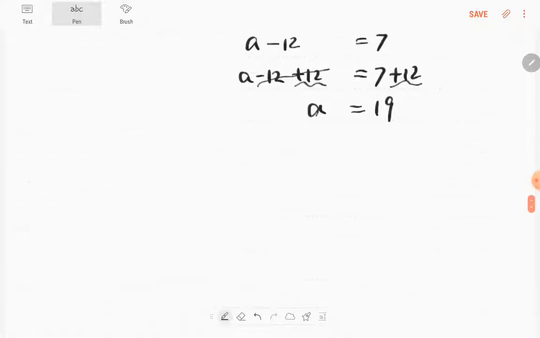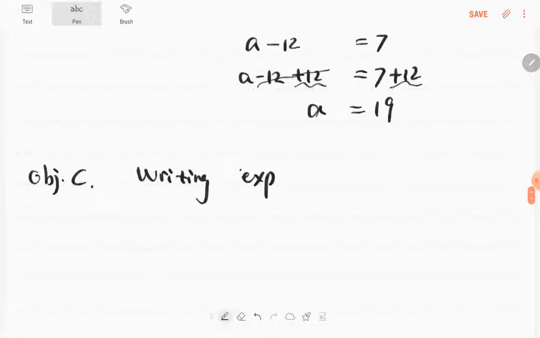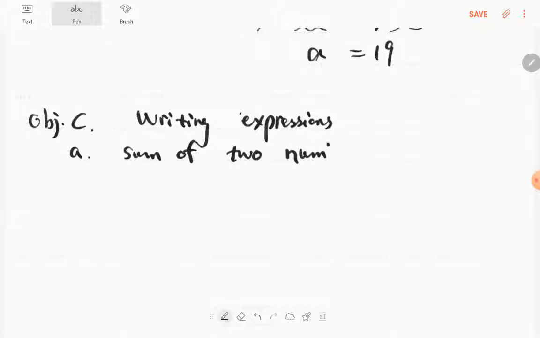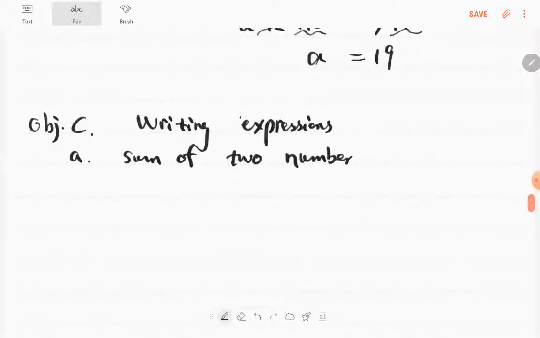Okay, objective C is trying to write the expression. So for example, if we have this one, the sum of two numbers is 8.